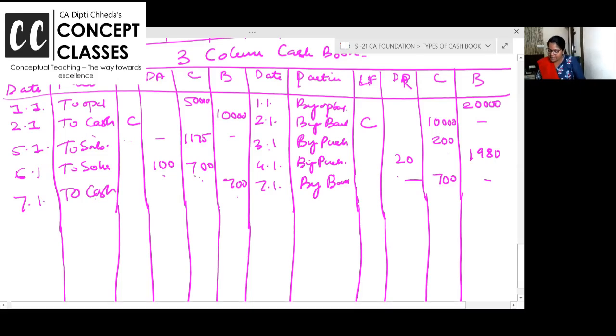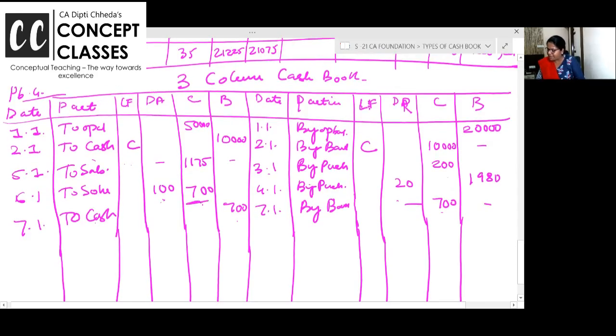In 800, 100 I have allowed as discount. So 700 I have received. This 700, after 3 days I have put in bank. So the cash column is nullified and in bank I have received the payment.